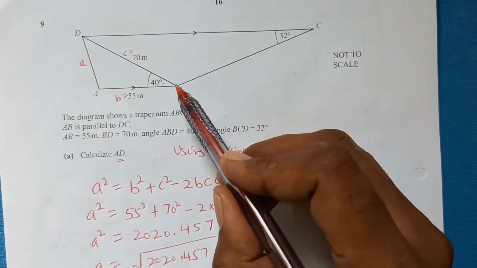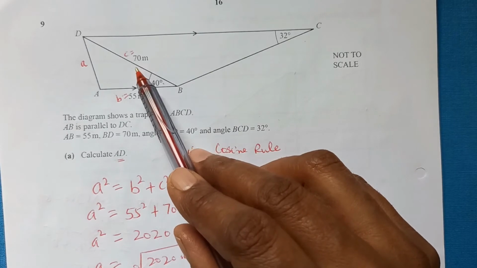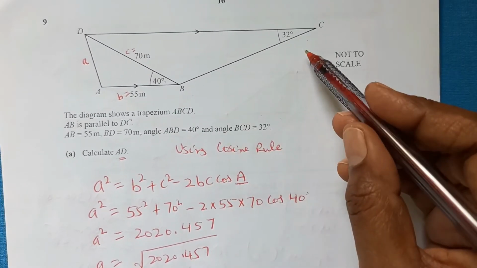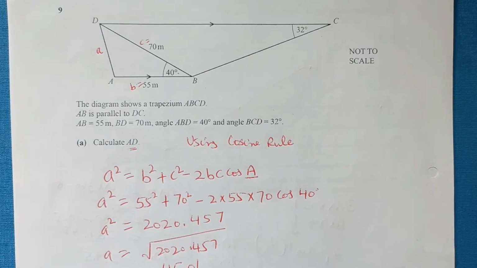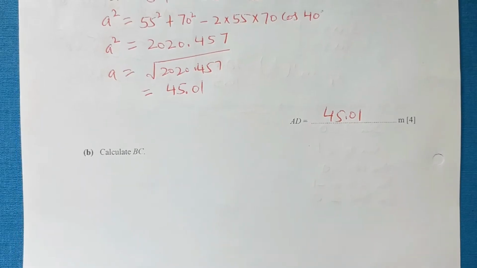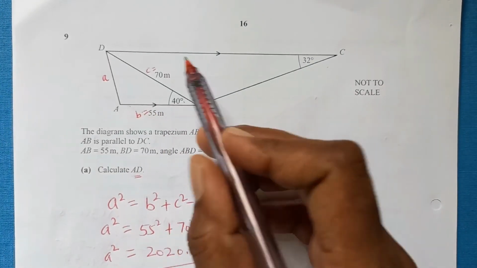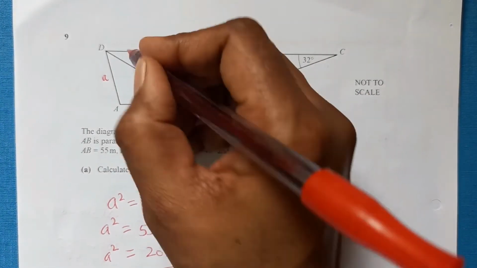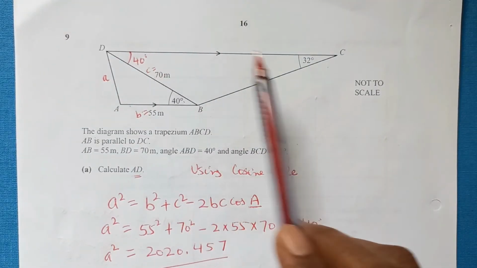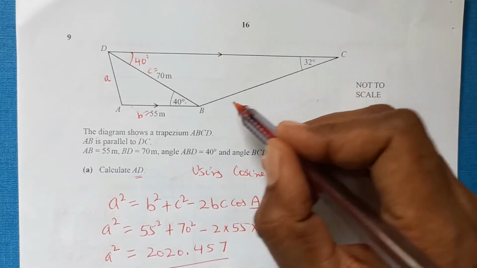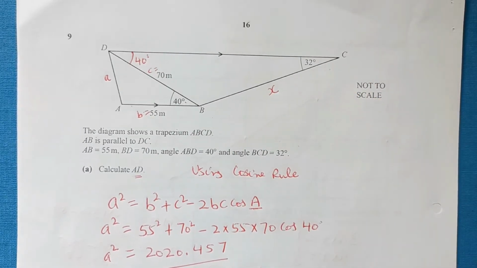For BC, you can see we have one angle and one side, and we need to find out BC, this one. As AB and CD are parallel, if this is 40, this is also going to be 40. Now we have two angles and one of the sides, and we need to find this side here. Let me write this as X, BC.